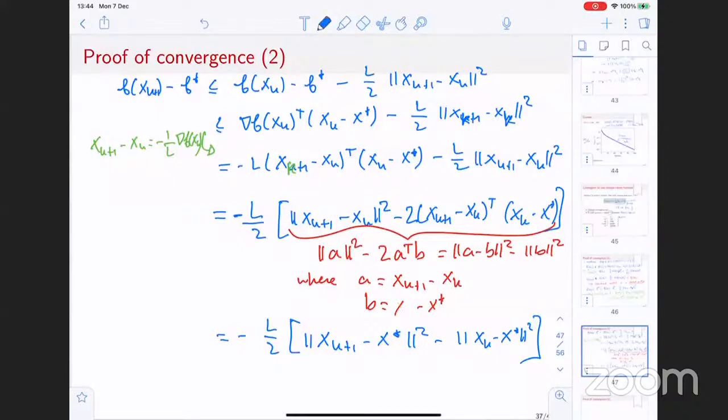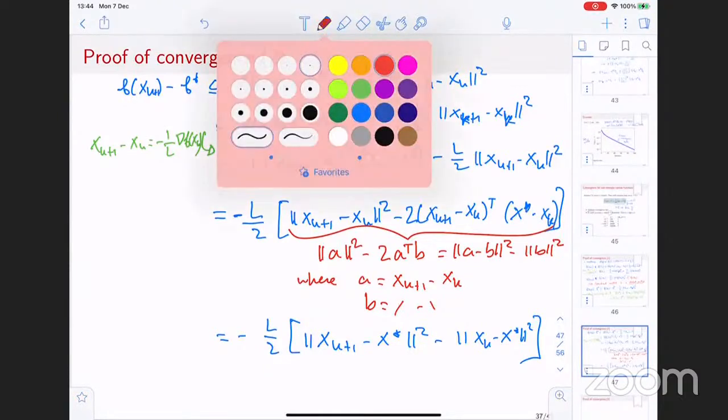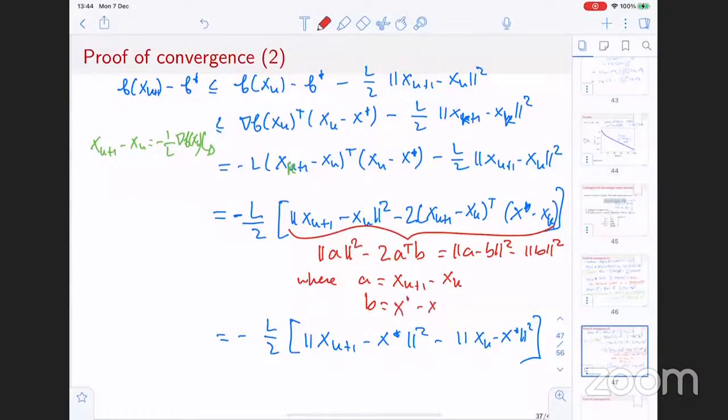So this should be x star minus xk. Check. Okay. So at the end, this is what we get.